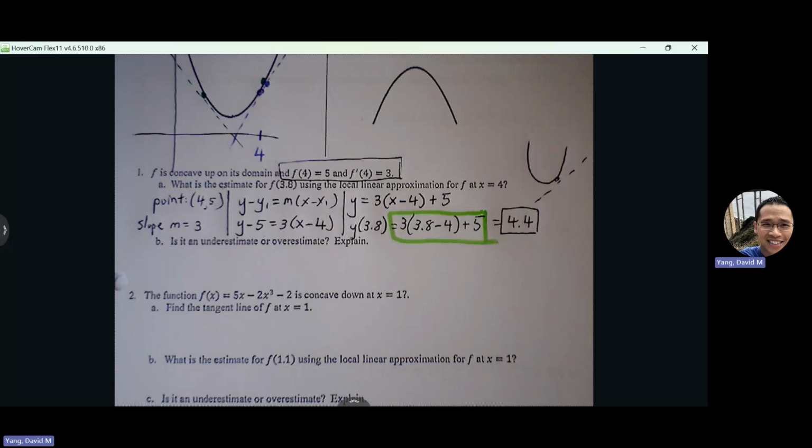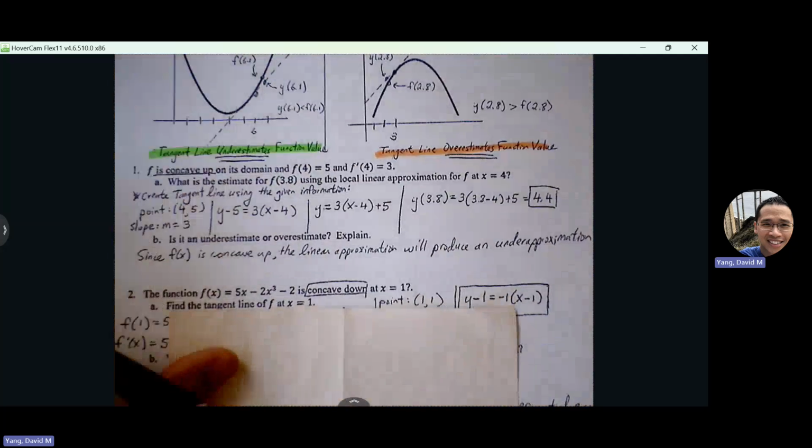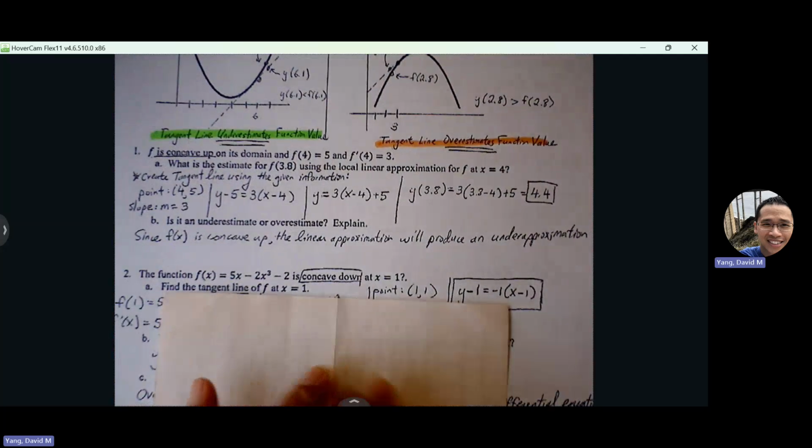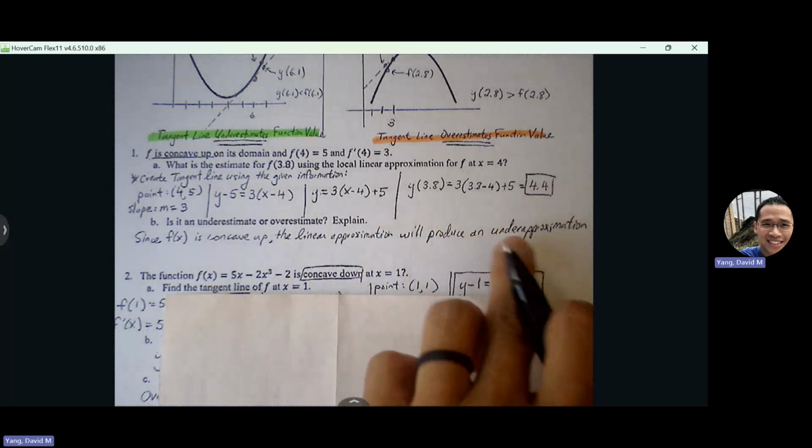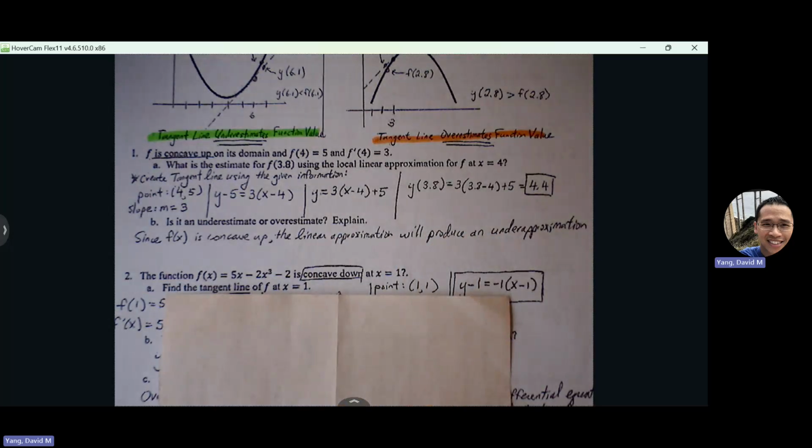We don't even have to know how much lower it is, or the accuracy of our approximation. We just have to state that since f of x is concave up, our linear approximation will produce an underapproximation. So the only reasoning we have to provide is the fact that the graph is concave up.